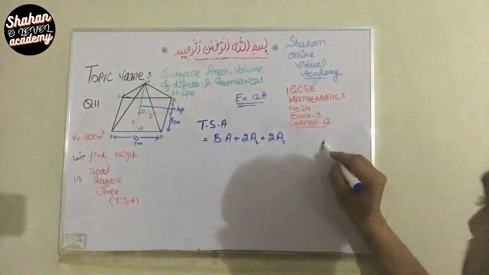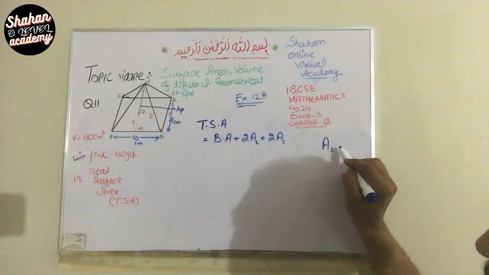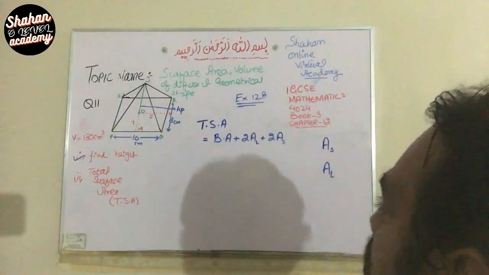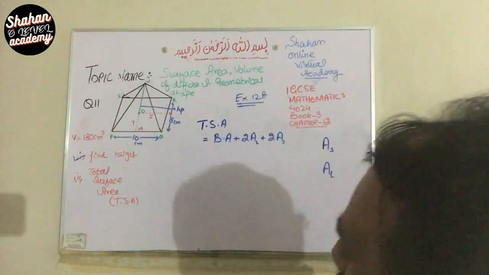AS is the area of those triangles concerned with the smaller side of the base, and AL is the area of those triangles concerned with the larger side of the base.